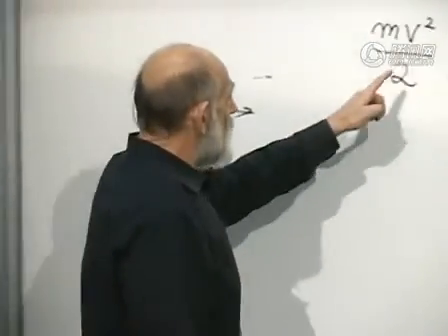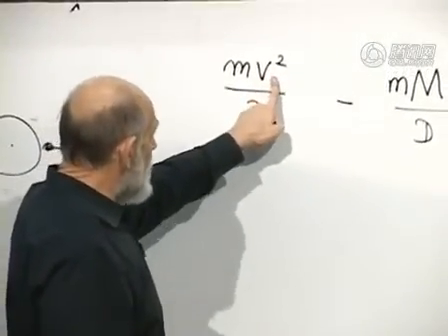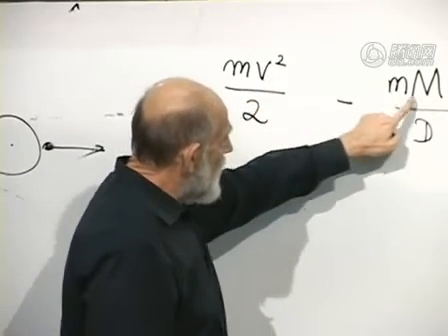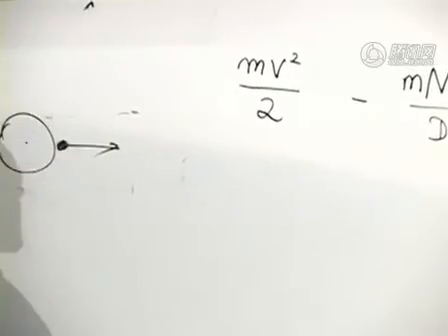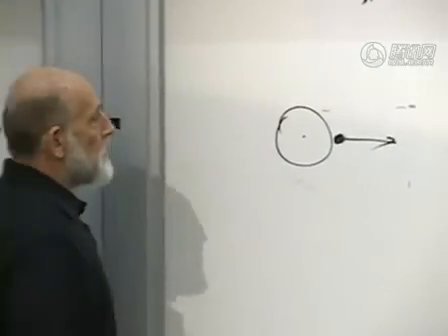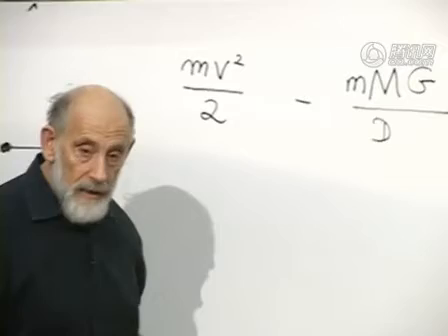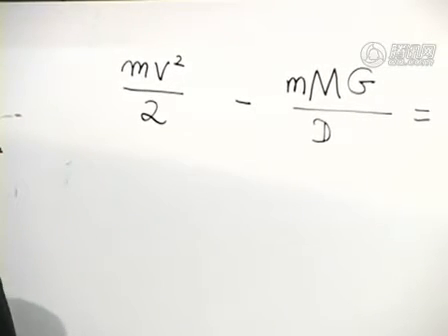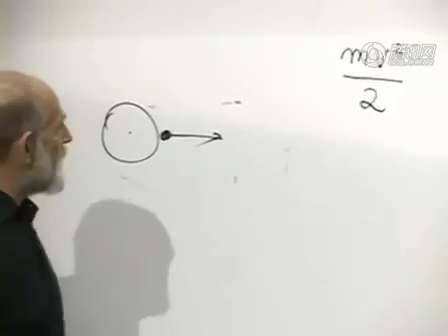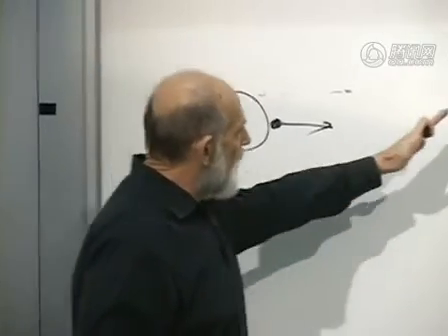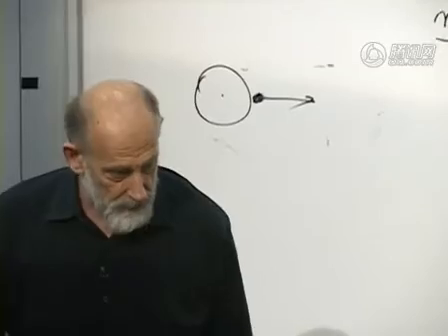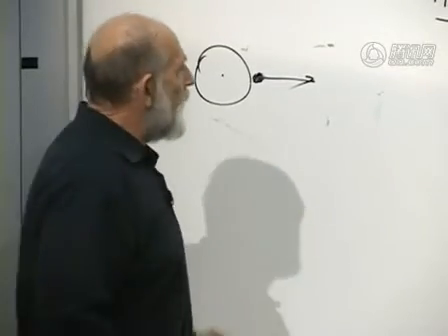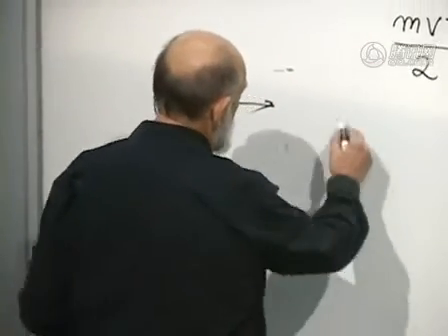Sure. Just choose the velocity in such a way that these two terms are equal and cancel at the starting point. What is that particular velocity called? That's the escape velocity.